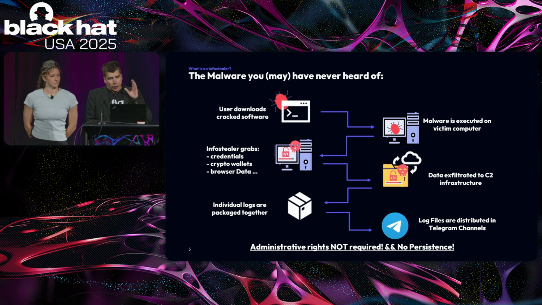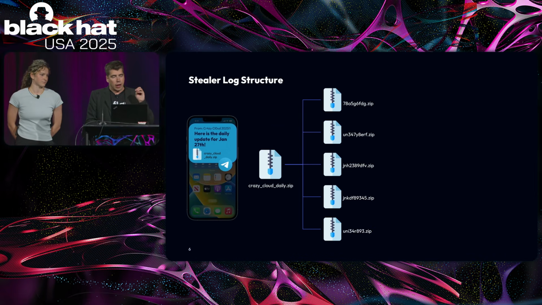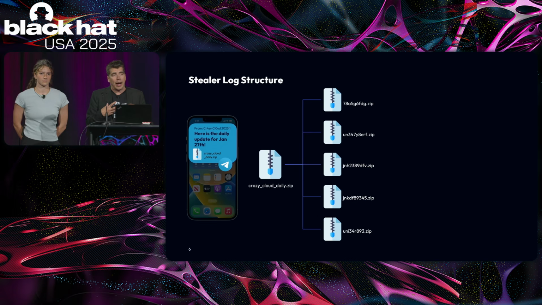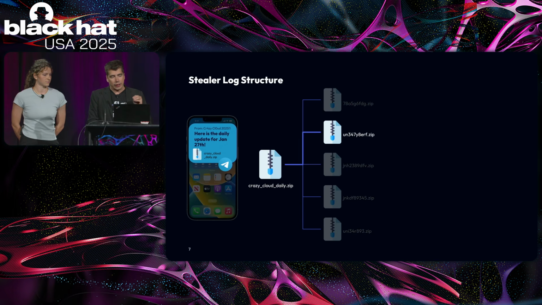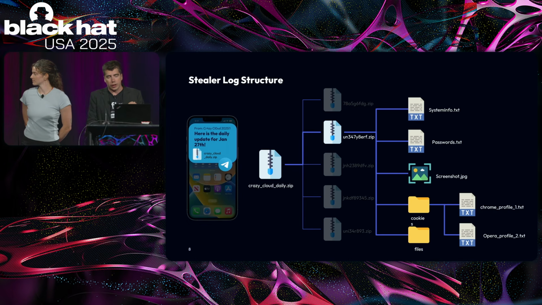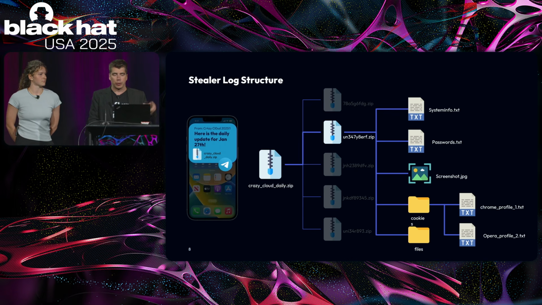Now, the way it's packaged up is you buy a subscription to a specific threat actor on Telegram, and then this person will daily give you a zip that contains all of the individual infections that the stealer campaign did. And so today, we're looking at these post-infection artifacts, individual stealer logs. A stealer log will contain all types of information, like what I previously mentioned, like processes, passwords, system information, and stuff like that.